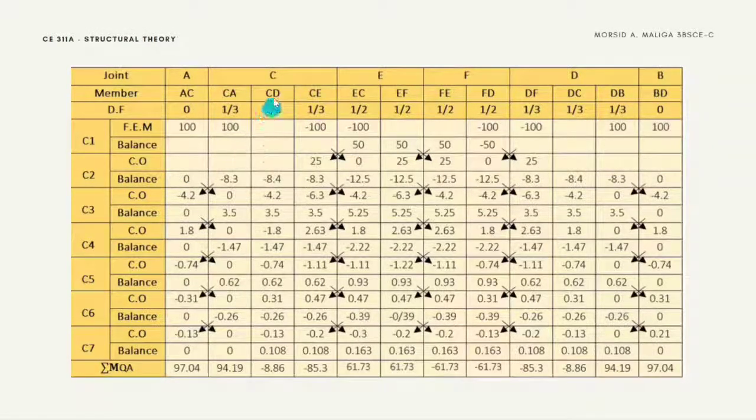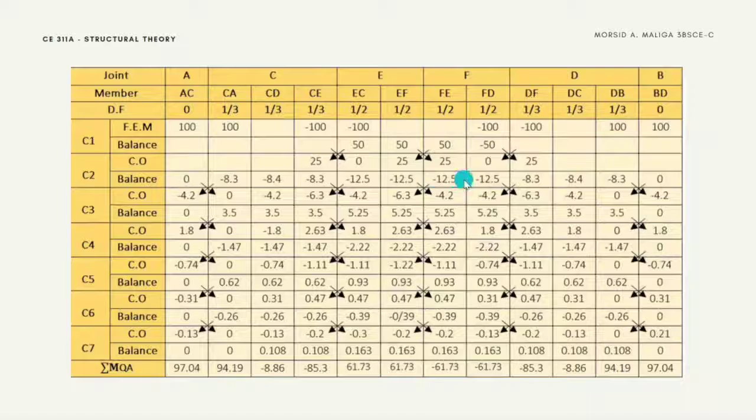For joint C, the total is 25, so we multiply it by 1/3, and since we are looking for the balance, we make it negative. So it would be negative 8.3. The same with joint E: we multiply the 25 by 1/2, so it becomes negative 12.5.